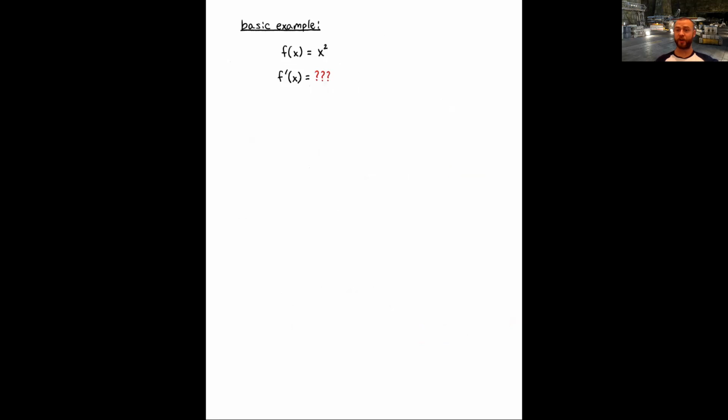All right, at this point, let's get started with some basic examples, building off the tools that we have. Let's go with a really simple question here. This one is deceptively simple. If our function is x squared, what is the derivative? That's no problem. It's 2x.